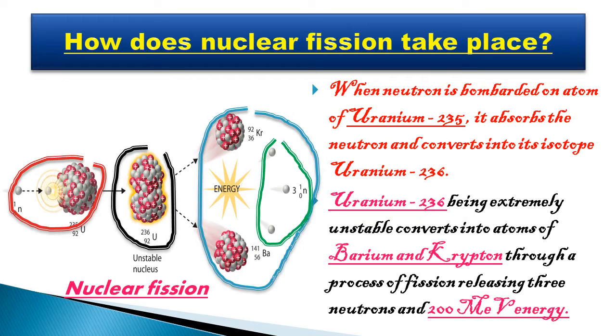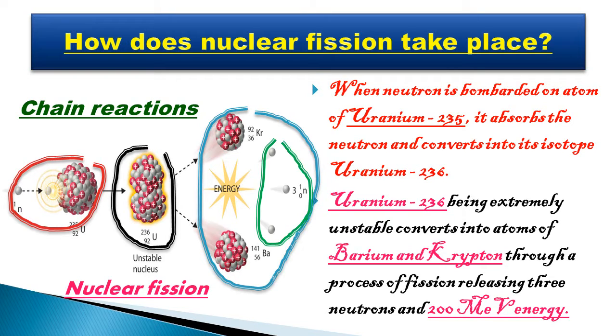This process of fission of uranium 235 atoms continues, because neutrons are continuously released, and those neutrons are used to split other uranium 235 atoms. That's why this is called a chain reaction.